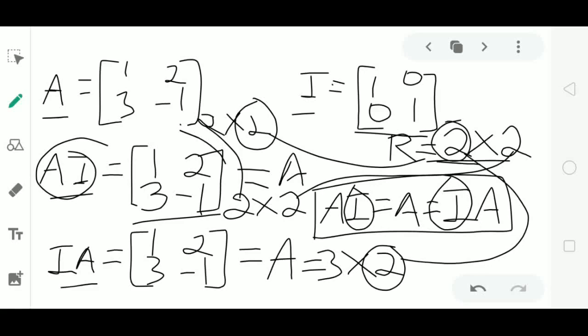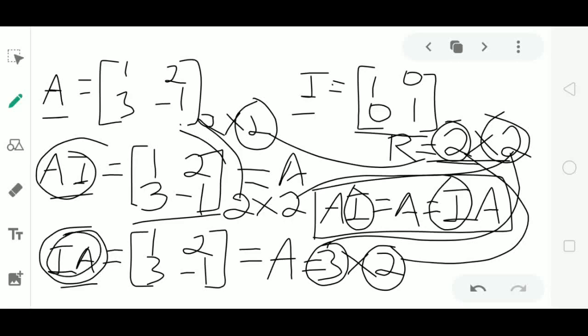And the result of this AI is again matrix A. But to find the matrix IA, the condition is that the number of columns of the first matrix I must be equal to the number of rows of the second matrix A. But here the number of columns of I is 2 and the number of rows of A is 3. It is not satisfying the condition for multiplication, so we cannot define IA.